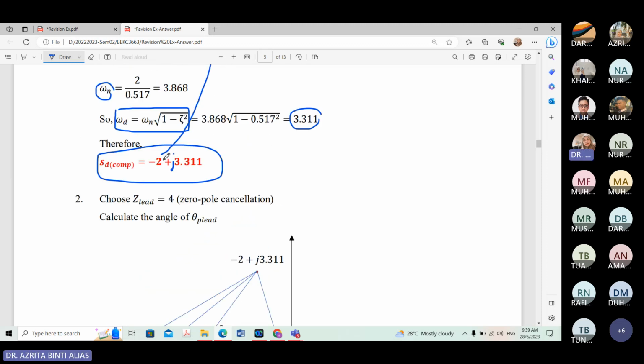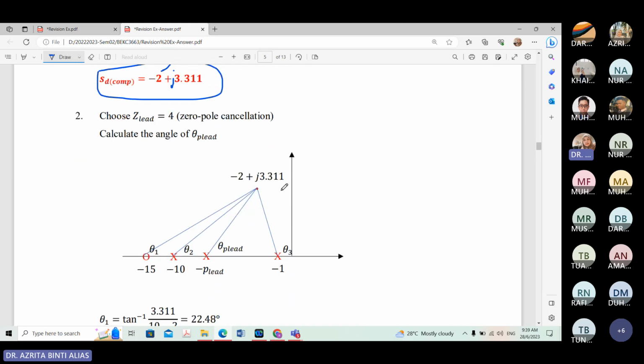After we obtain the value of ST compensated, we draw all the poles and zeros from the system and also from the lead compensator on the S plane. Basically, this is the difference between PD and lead compensator.